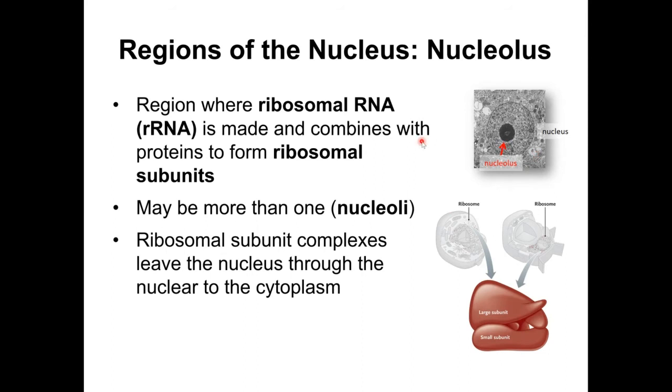These are active areas where the ribosomal RNA is made and combined to form the ribosomal subunits. They're still separate at that time. Later on, when we talk about translation, we'll see that these units are used to convert the information on messenger RNA into proteins. Ribosomes are made by RNA and proteins. The ribosomal RNA that makes up the large subunit is produced inside the nucleolus, or nucleoli if there are more than one.